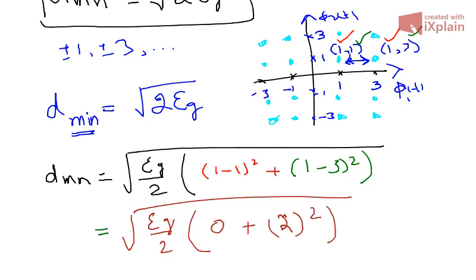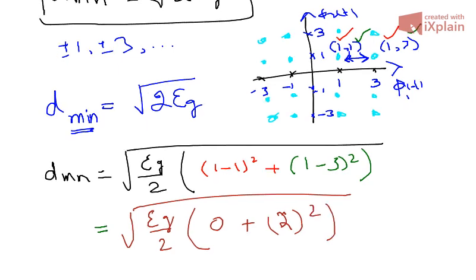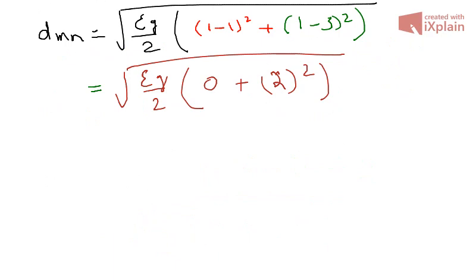So you are left with the Euclidean distance dmn, which is under the root 2 times Eg.